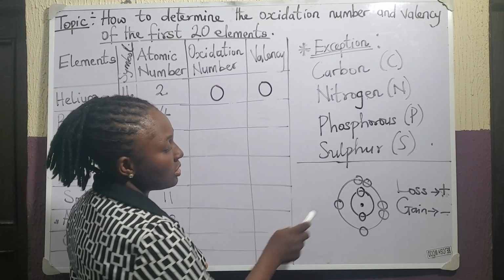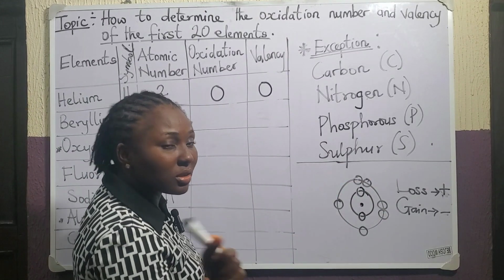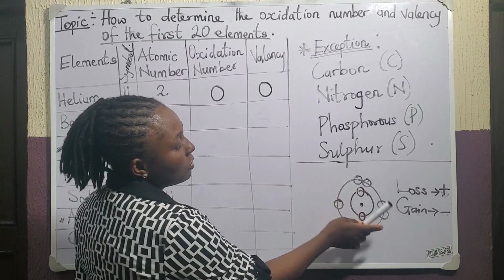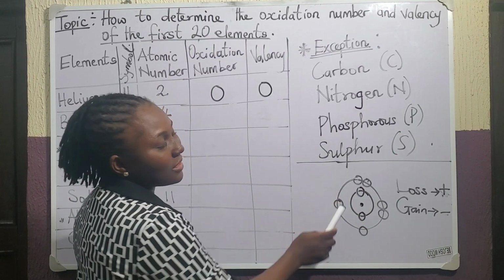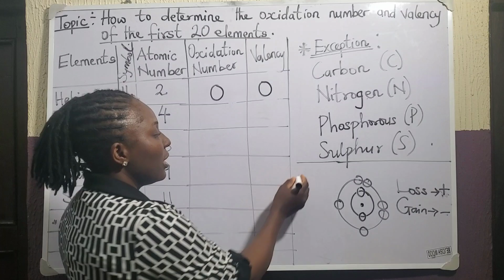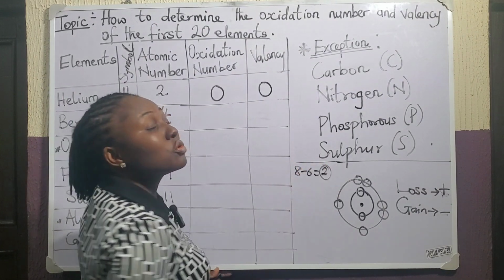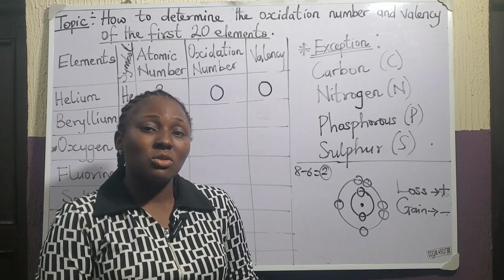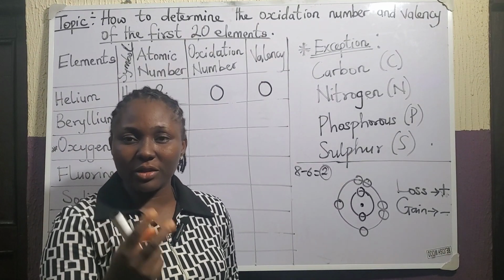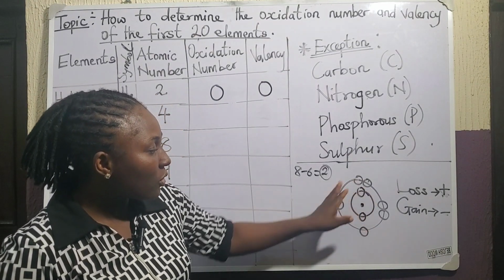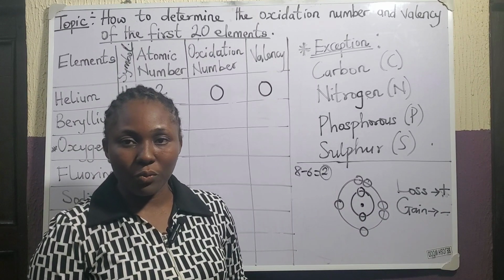Now look at oxygen. It has how many electrons on its outermost shell? 1, 2, 3, 4, 5, 6. Now, 8 minus 6 is equal to 2. So oxygen needs 2 extra electrons to obtain octet structure.